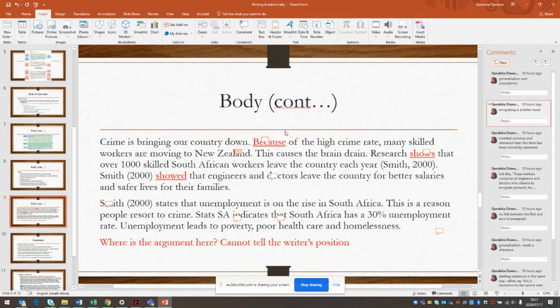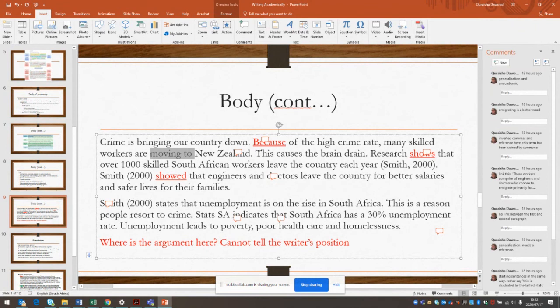Always say "due to" or "based on this." And I said here, instead of saying "moving to," it would be better to say "emigrating." Moving to is right, but emigrating is a better way of saying it.